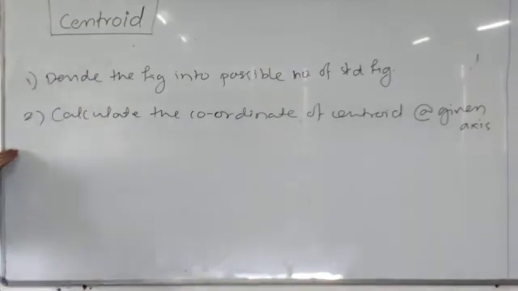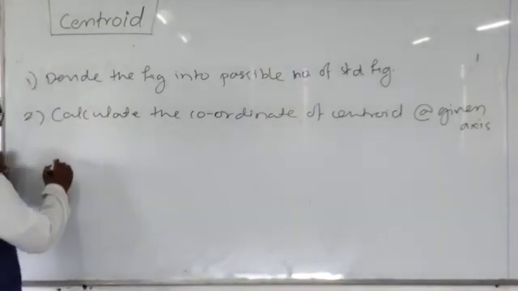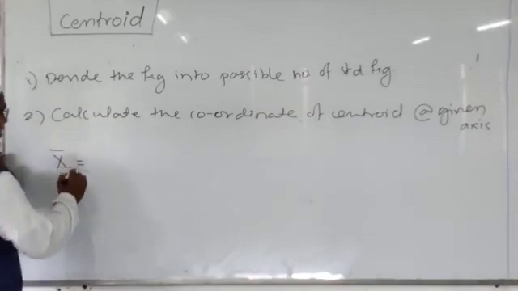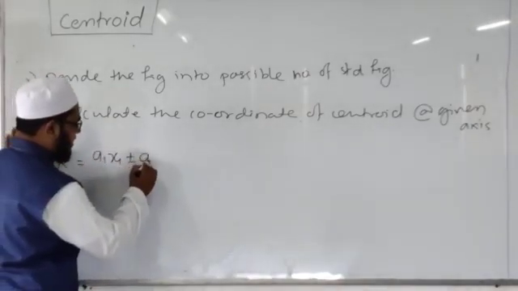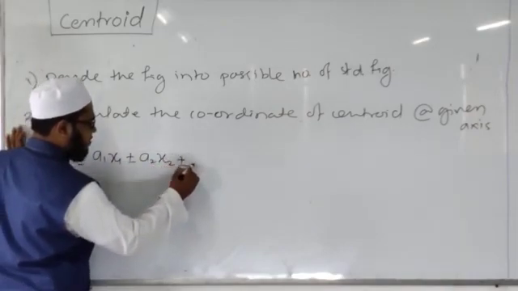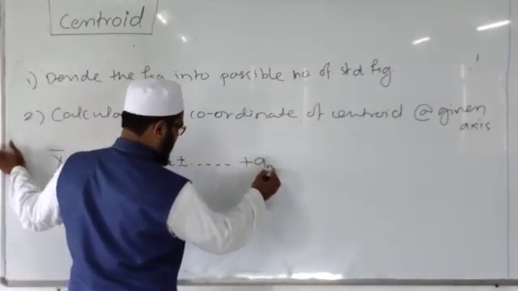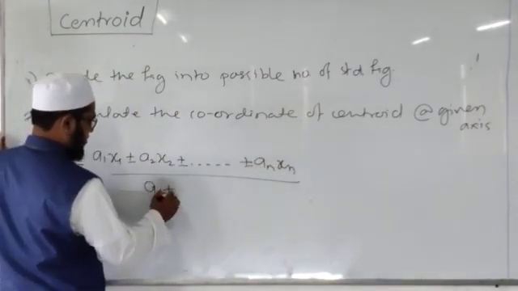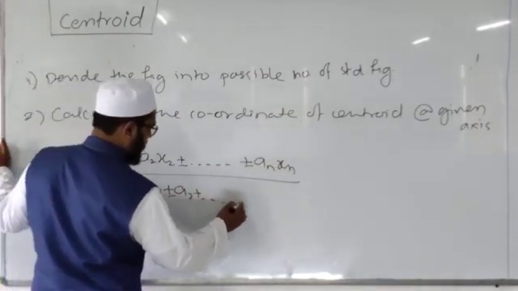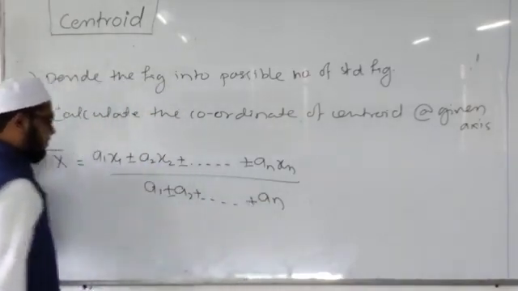After this calculation, we will use the formula for calculation of the centroid: x bar equals a1 x1 plus or minus a2 x2 plus or minus up to an xn, divided by a1 plus or minus a2 up to an.